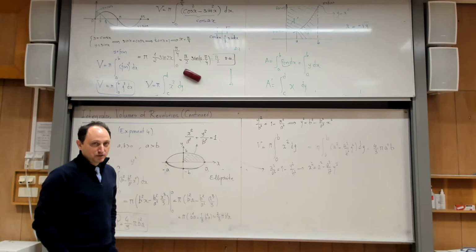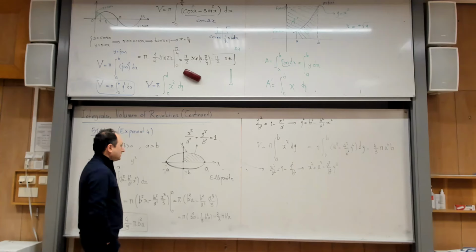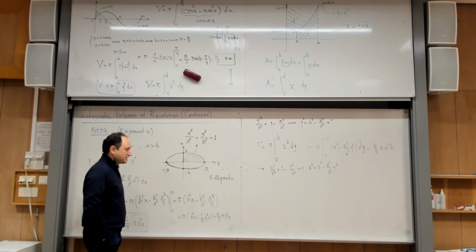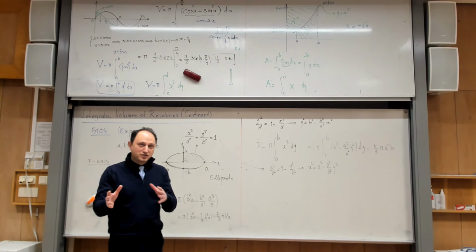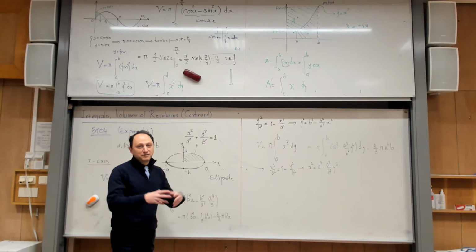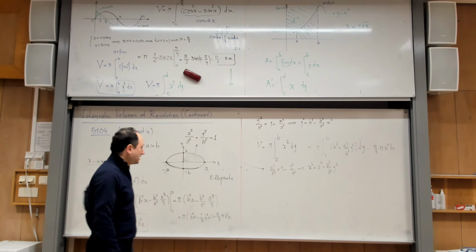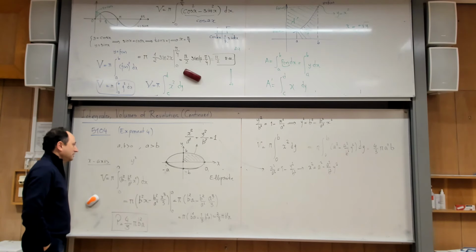Yeah, I understand what you say now. So we still get an ellipsoid, but exactly like spheres of different sizes, we get the same shape, which is called ellipsoid, but with different sizes. Yes, exactly.